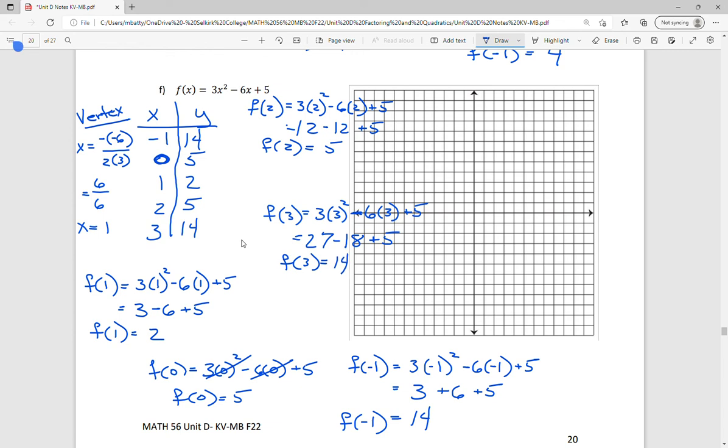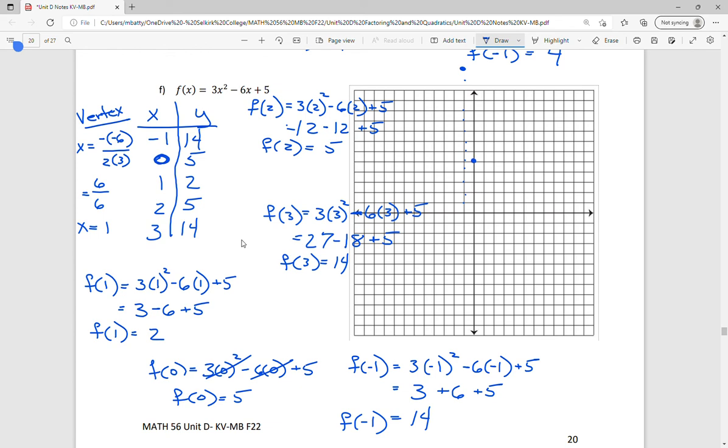So all of these, if I were to put them on the graph, let's go -1 and 14, which isn't really working for me. 1, 2, 3, 4, 5, 6, 7, 8, 9, 10, 11, 12. Okay, 13, 14, right there. 0 and 5. 1, 2, 3, 4, 5.